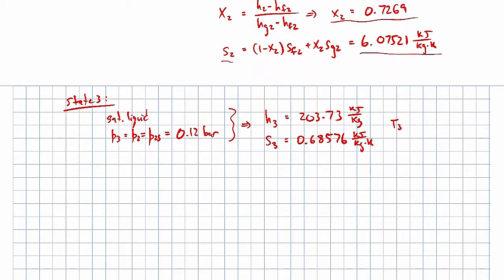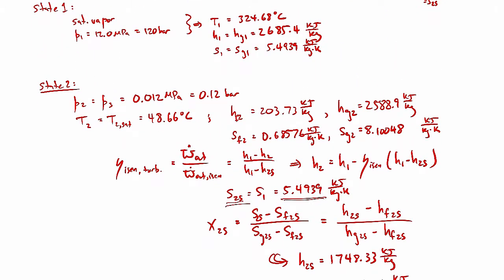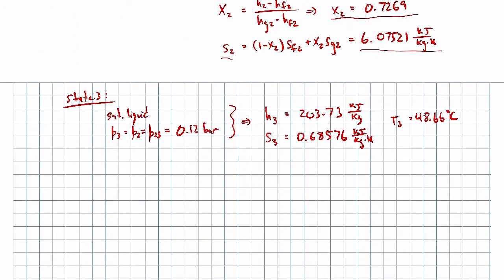And then T3 was still 48.66 degrees C. All right, let me just double check. 6856. Yeah, okay. All right, so that gives us state 3.